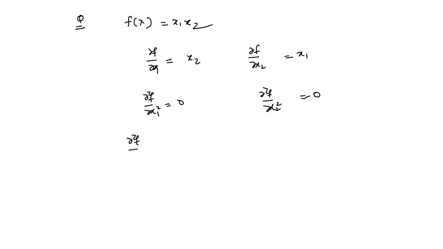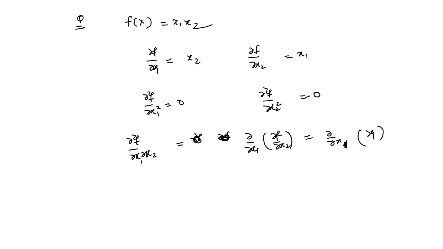For del square f upon del x1 del x2, we write del upon del x1 into del f upon del x2, which is x1, so it gives us 1.